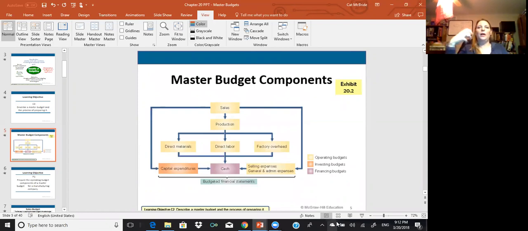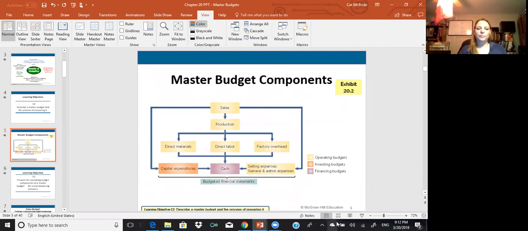Do we want to buy a new refrigerator? For a company, it's, do we want to replace the cooling system? Do we want to buy a new delivery van? Do we want to purchase a new building? Do we want to buy a new piece of machinery for manufacturing our product? Those are all capital expenditures. And then selling expenses, general and admin, are things like human resources, payroll, the sales department, senior management.